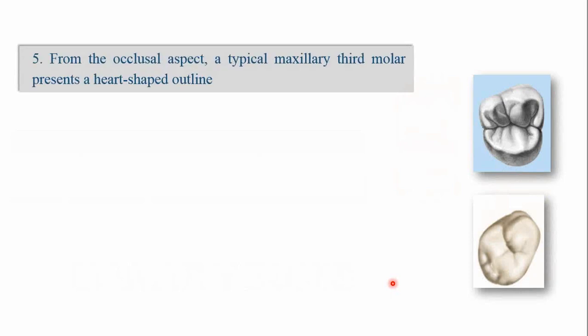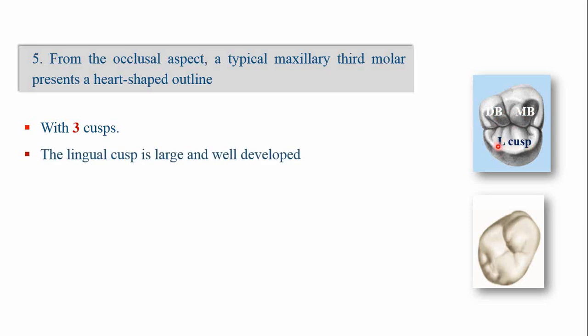Viewing this tooth from the occlusal aspect, the typical maxillary third molar presents a heart-shaped outline, as shown in this figure. This form is characterized by the presence of three cusps, the mesiobuccal, distobuccal, and one large lingual cusp, which is well developed. There is no lingual groove.